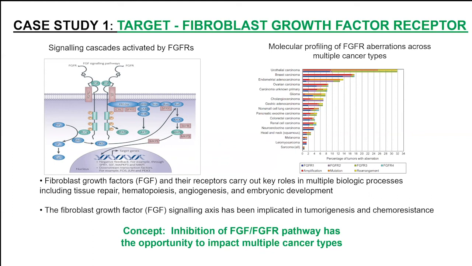On the right-hand side here, you can see some molecular profiling that's been done looking at the receptors and showing that across multiple different cancer types, there is a molecular aberration of different receptors in these cancer types. So the concept was that by inhibiting this pathway, you had opportunity to impact multiple different cancer types.